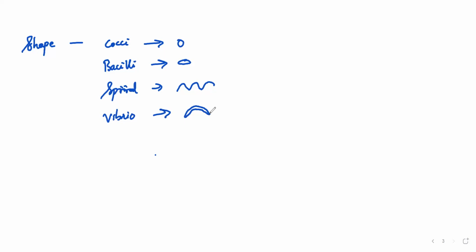Now over here, the cocci, bacilli, whatever is there, it depends. It may be only one cocci, or it may be diplococci. Diplococci means two cells will come. Or else it may be staphylococci. Staphylococci means many will come like this, rounds.